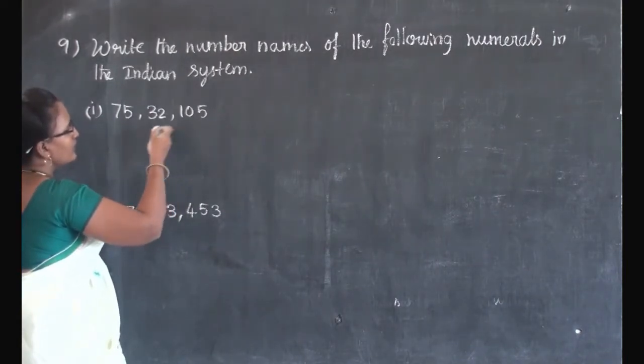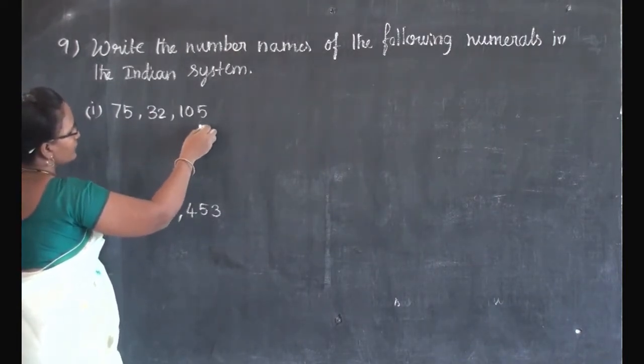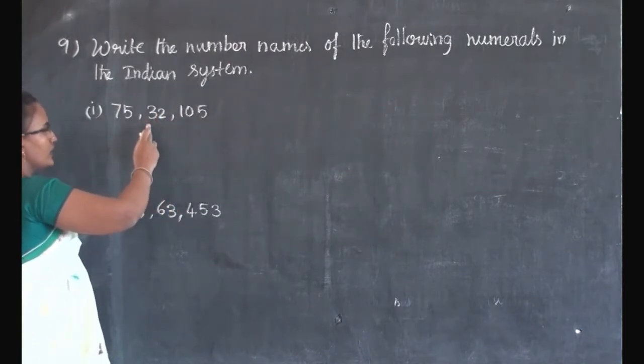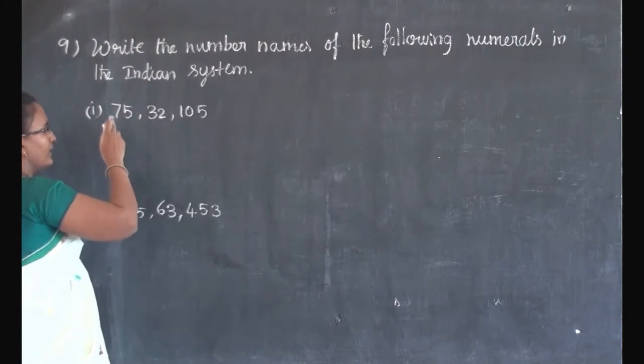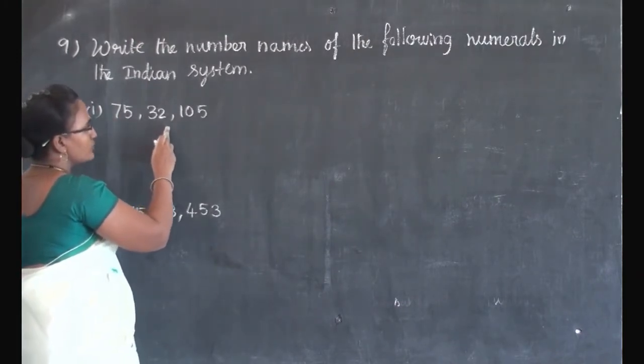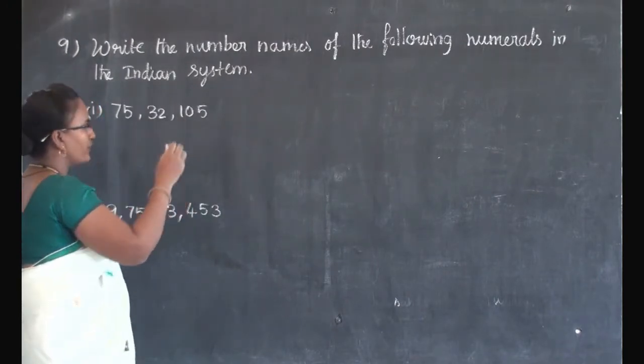Now the ninth one. Write the number names of the following numerals in the Indian system. First, read out the place values. Ones, tens, hundreds, thousand, 10,000, lakh, 10 lakh. So 75 lakh, 32,105.